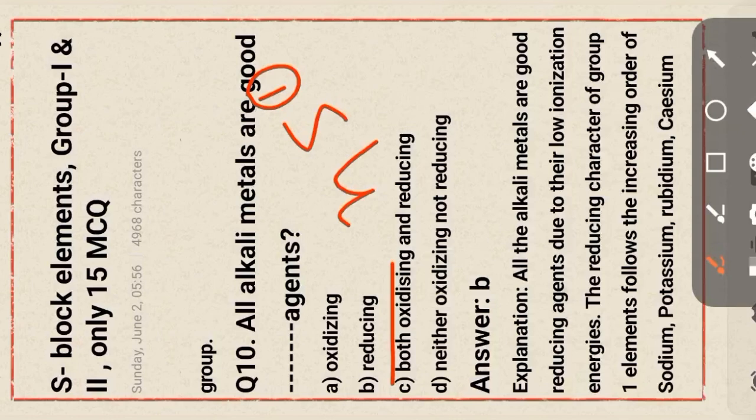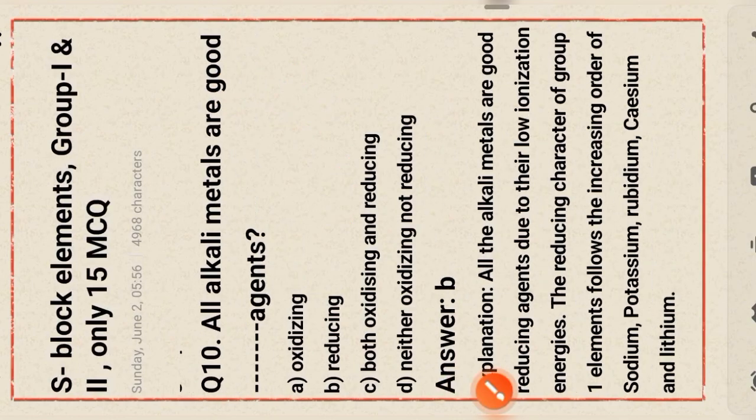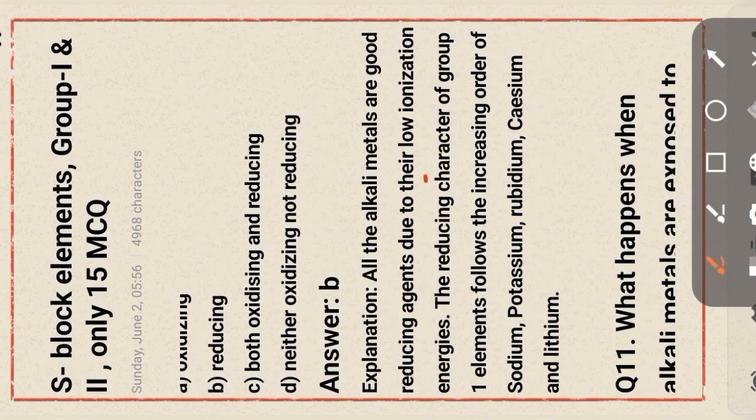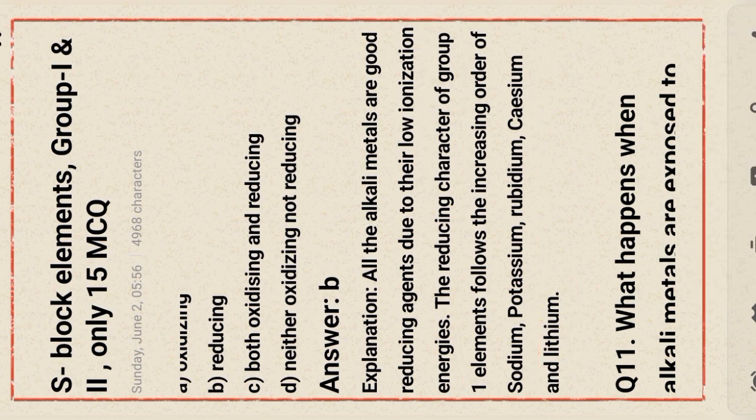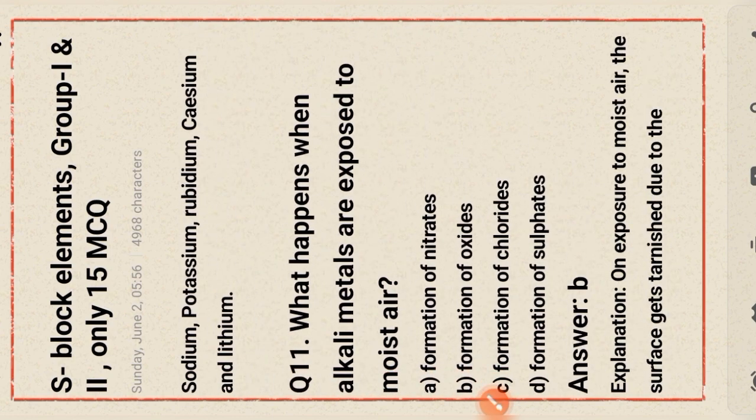Now the explanation: all the alkali metals are good reducing agents due to their low ionization energy. The reducing character of group 1 elements follows the increasing order of sodium, potassium, rubidium, cesium and lithium.